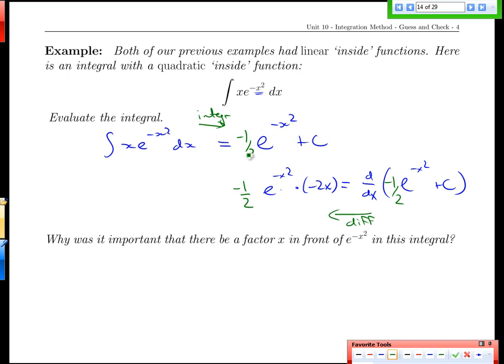So we just add a negative 1/2 everywhere, and then moving again right to left on this line, we'll end up with negative negative 2x e to the negative x squared. The negative is still there. These are equal, and so we get a check mark. This must be the antiderivative of x e to the negative x squared.